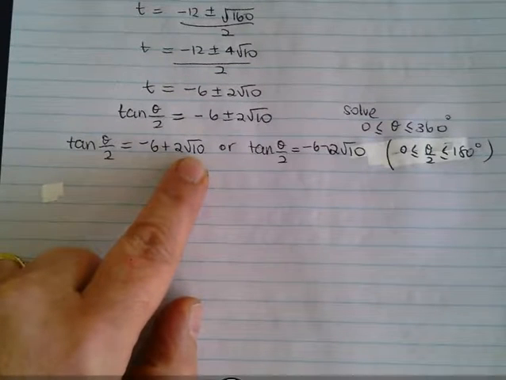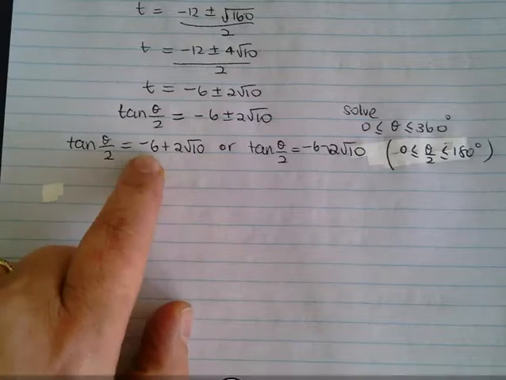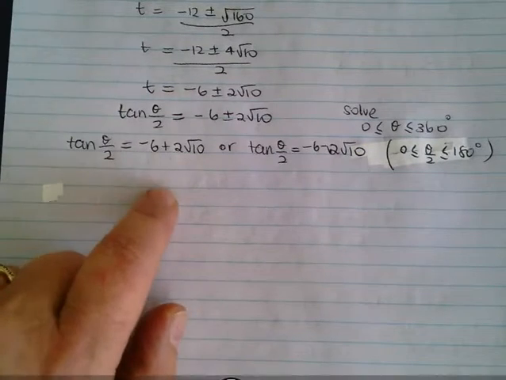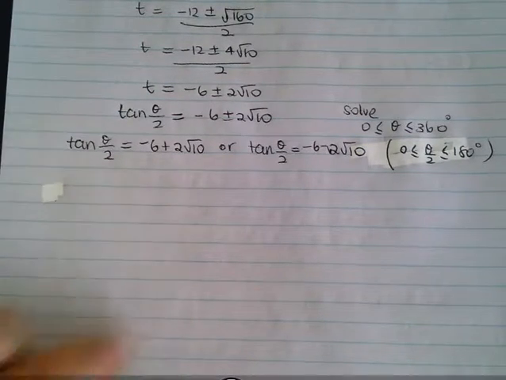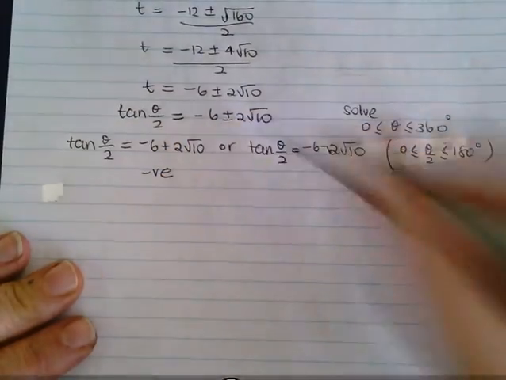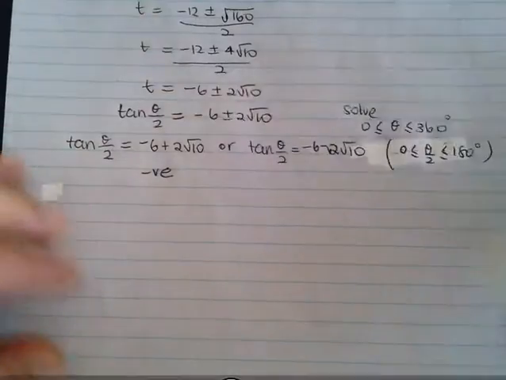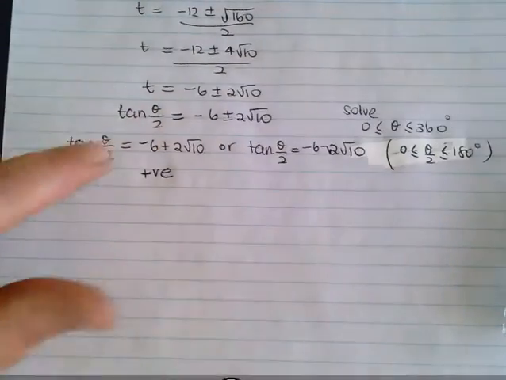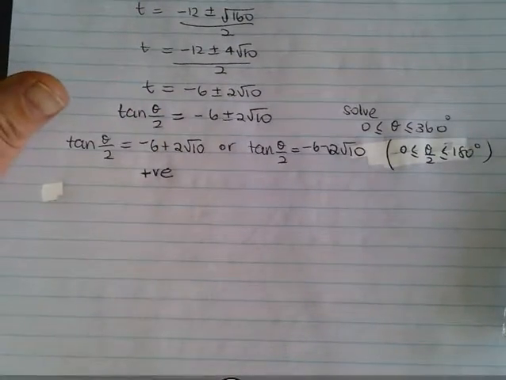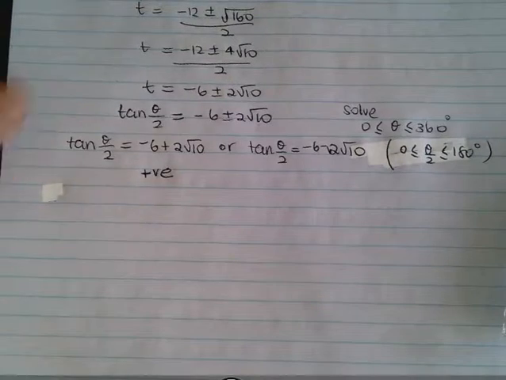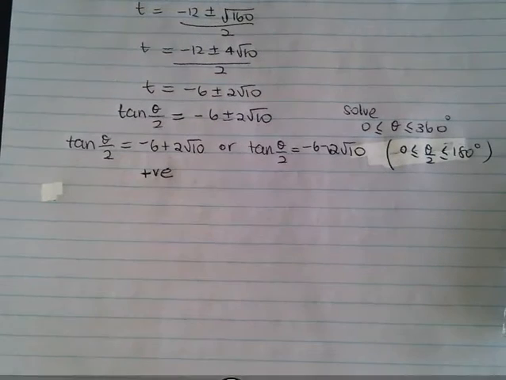Well, root 10's a bit bigger than 3, isn't it? That's a bit bigger than 6. That's positive. But if you're not sure, you put it in on your calculator. This is negative. No, it's not. It's positive. Isn't it positive? Just work out what negative 6 plus 2 root 10 is. It should be positive. You know why I'm doing that?